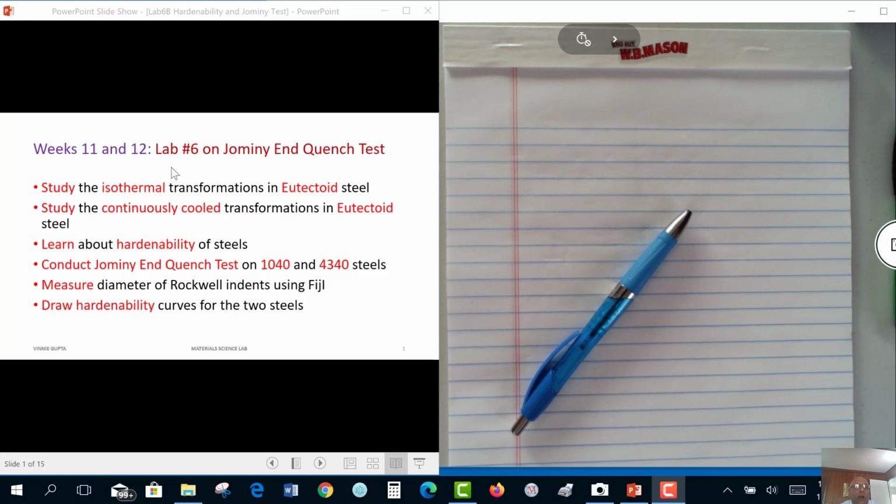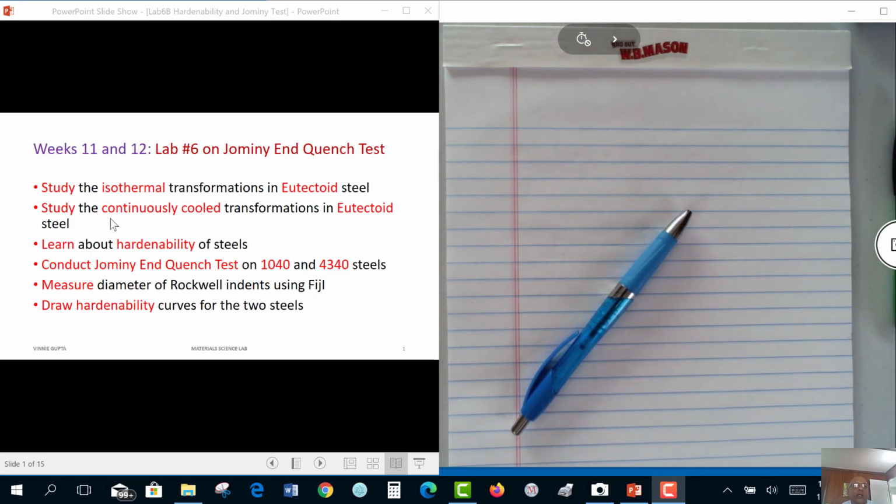We are in the second part of Lab 6. In the first part, we learned about isothermal transformation in eutectoid steel. Isothermal means constant temperature, where the transformations occur over a constant temperature.